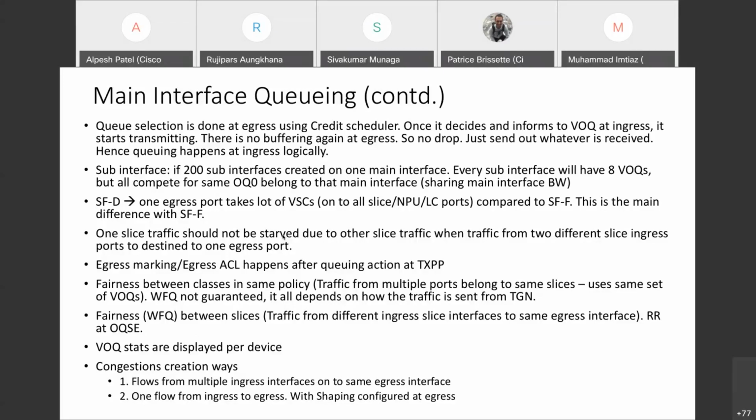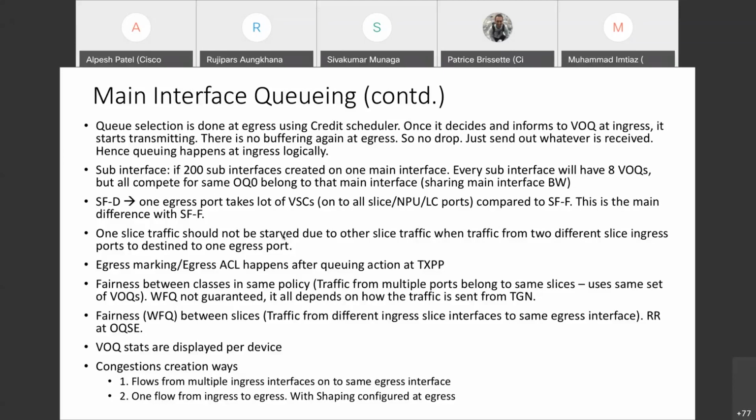You don't configure that. What this bullet point is mentioning is the difference in the number of VSCs between the fixed and the distributed, given that these VSCs are based on how many line cards we have and how many slices we have on those. They are fixed again, but they are a lot as compared to the fixed platform. So you don't configure these VOQs because they are there.